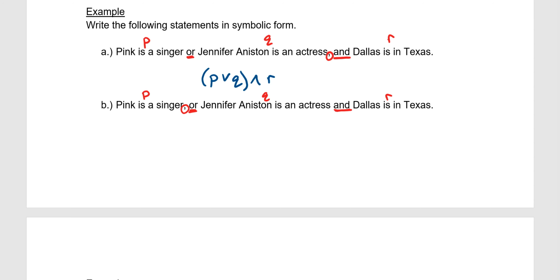That means we're going to be grouping Q and R together this time in parentheses because they're on the same side of the comma. So it's going to be P, and then or, and then parentheses Q and R. Hopefully you can see the difference between these two sentences. It completely depends where the comma is to determine how we set it up symbolically.